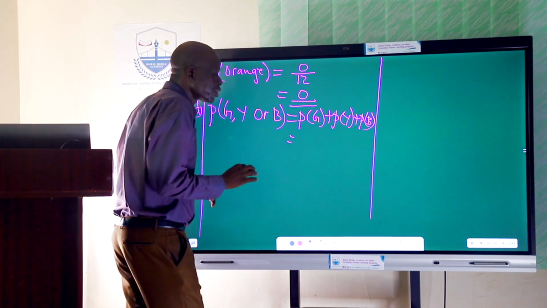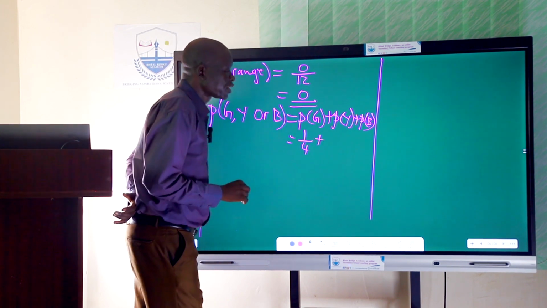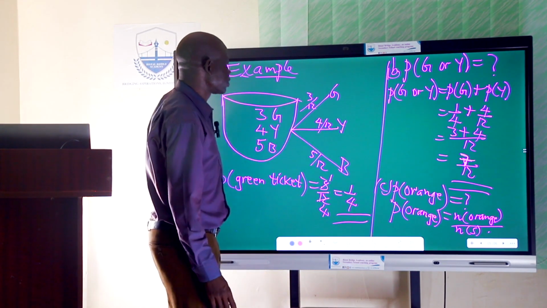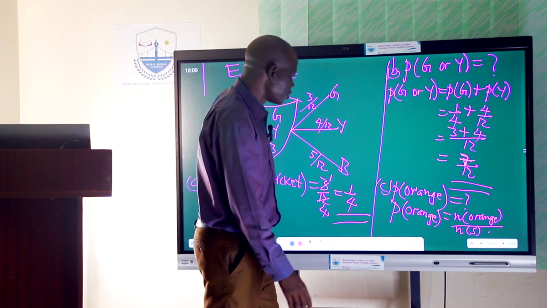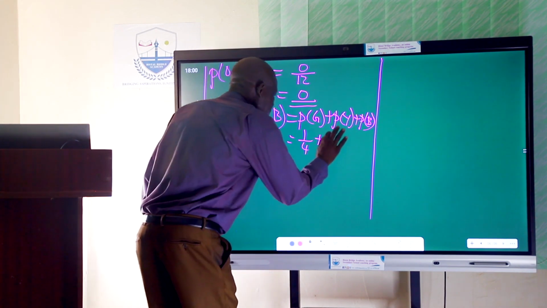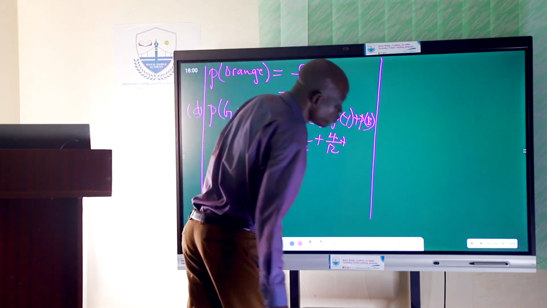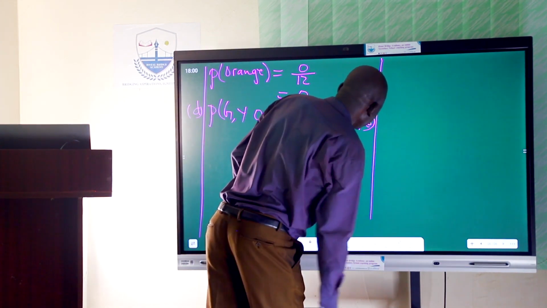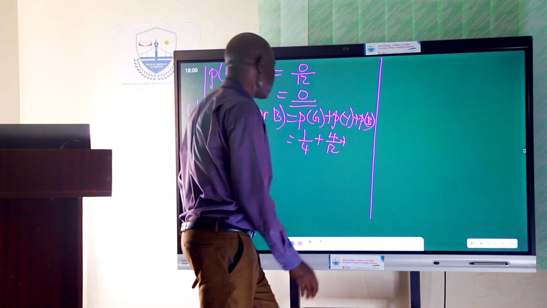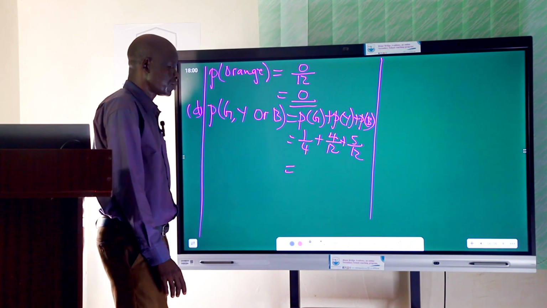The probability of getting green we got as 1/4, plus P of yellow was 4/12, plus probability of getting blue is 5/12. So we can add all the probabilities.